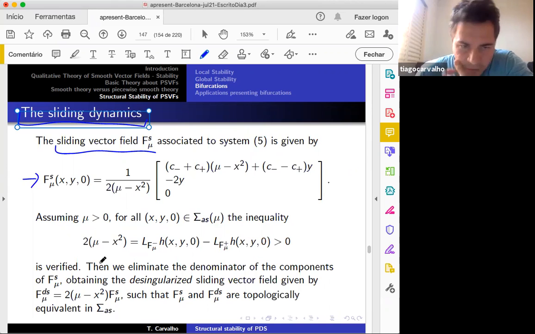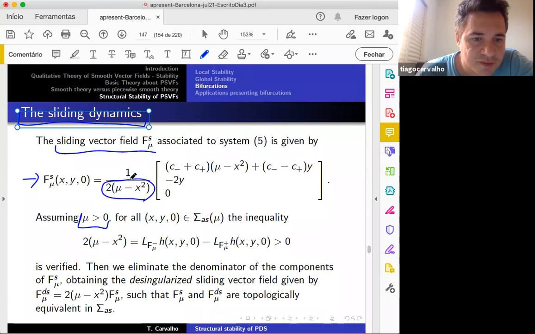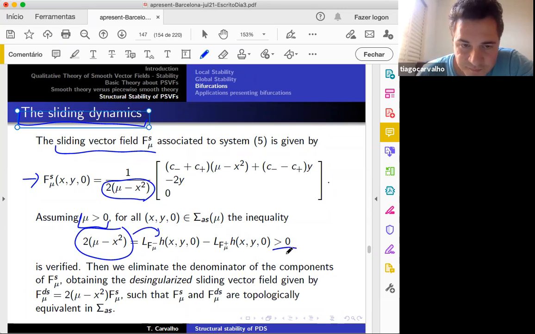So, if m is positive, this expression, this denominator, is given by this, which is positive.